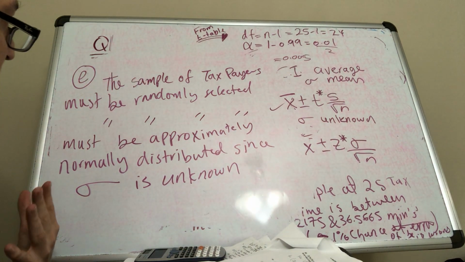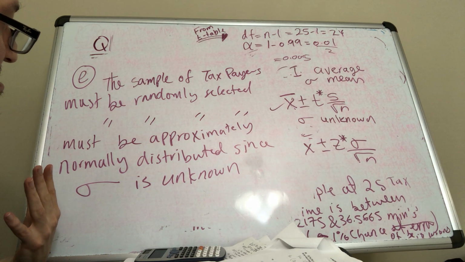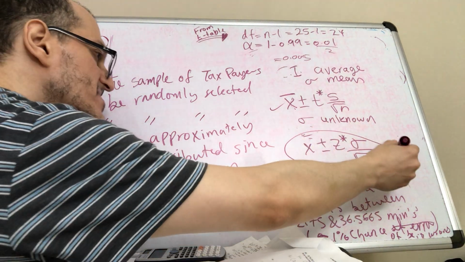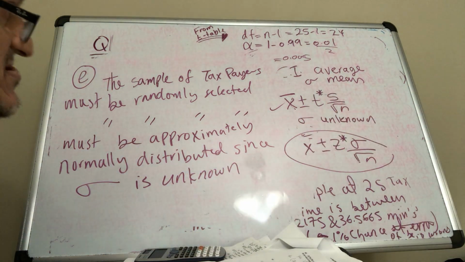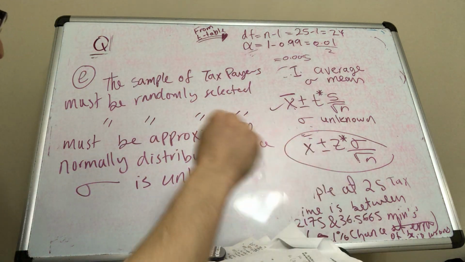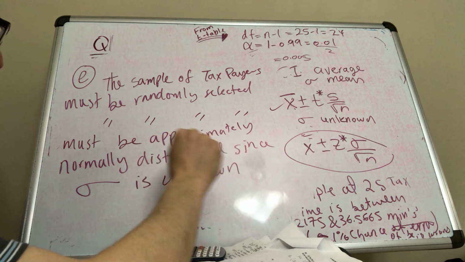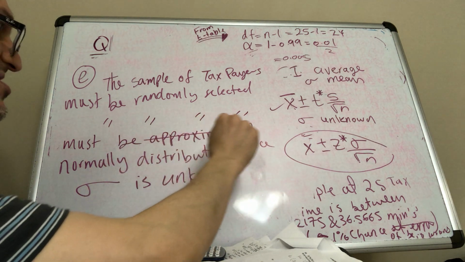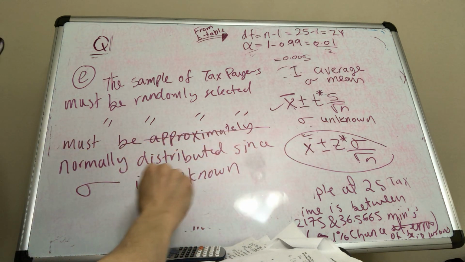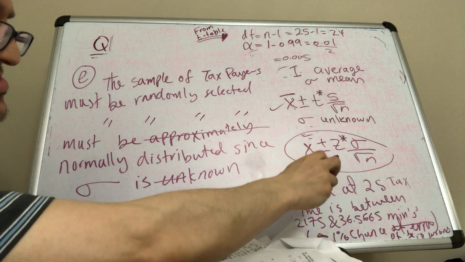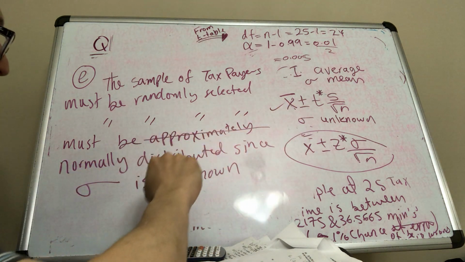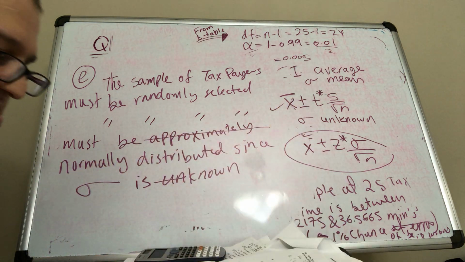So yes, that's if you use a T. But if you happen to use the Z, what would change in the assumption? The first one is always there, randomly selected. But for the second one, you don't use the word approximately, you use must be normally distributed since sigma is known. So for the Z star, random and known. For the T star, approximately normal, and it's unknown.